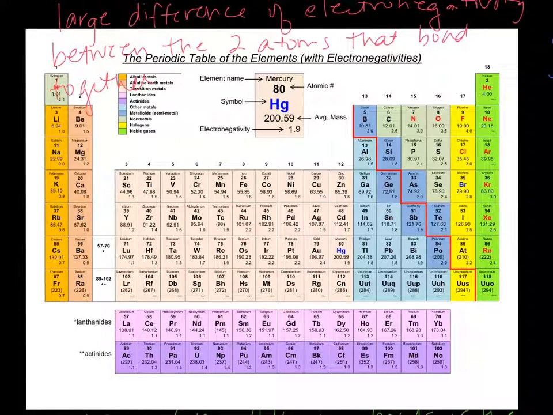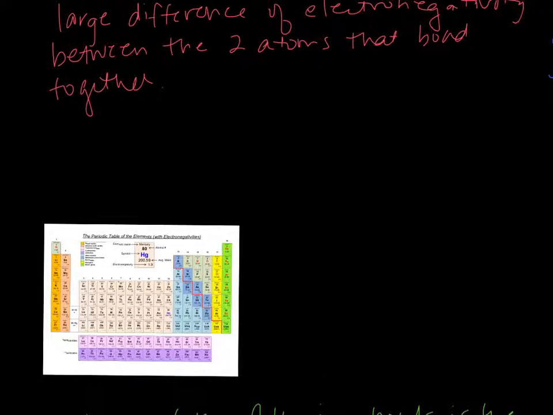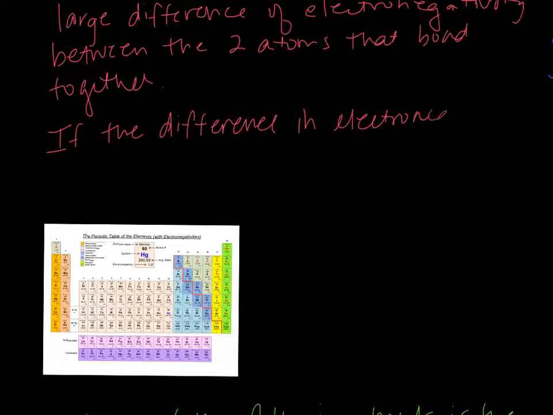So let me shrink this back down and write that down here. If the difference in electronegativity is greater than 0.4, some say 0.45, some say 0.5, but I've seen as low as 0.4, then the bond is going to be polar.